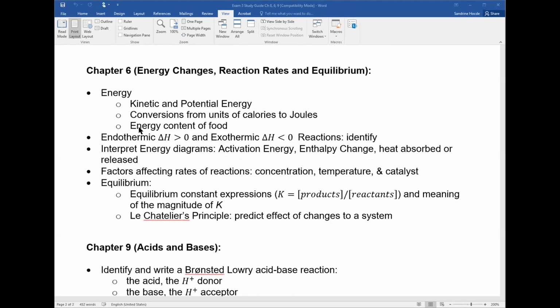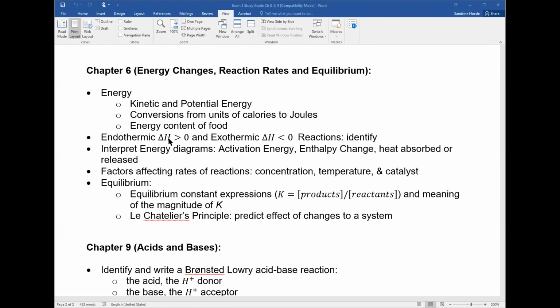All right, so you saw how energy content of food can be calculated using the data given in the reference packet. So in chapter 6, we learn how to classify reactions as exothermic or endothermic, depending on the energy of reaction. So delta H represents the enthalpy change, but it's also called the energy of reaction.